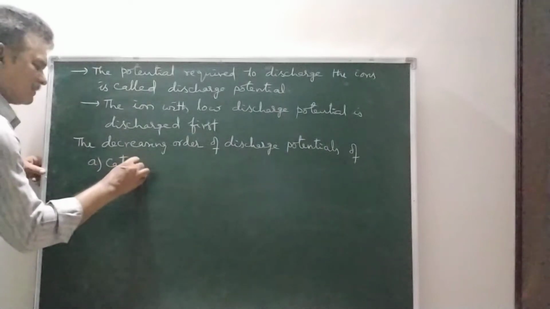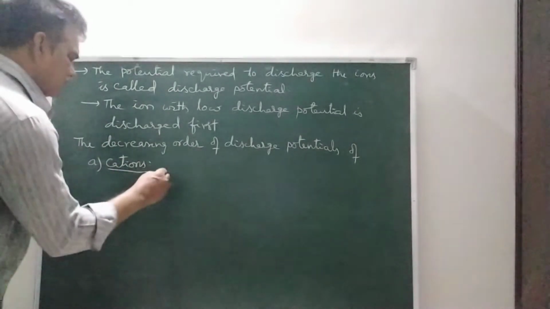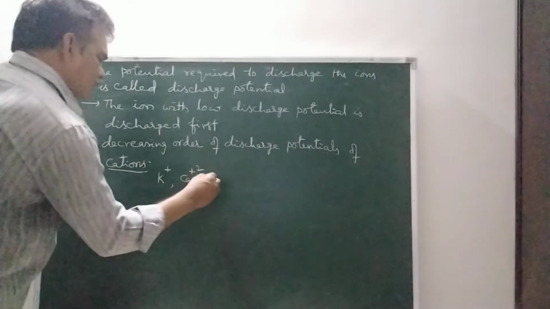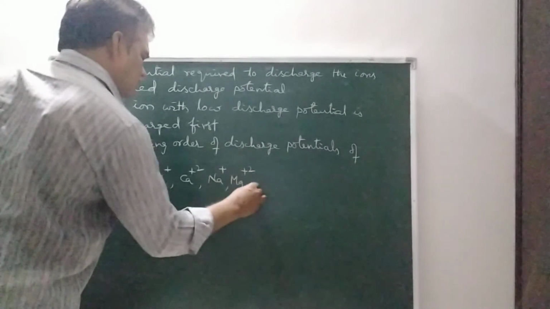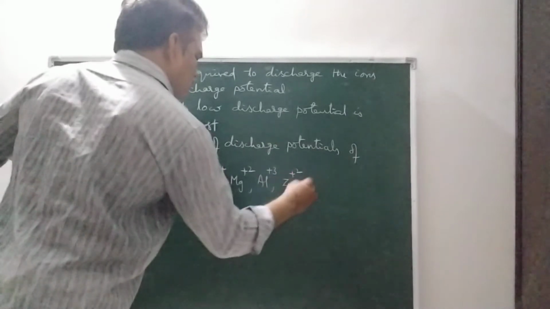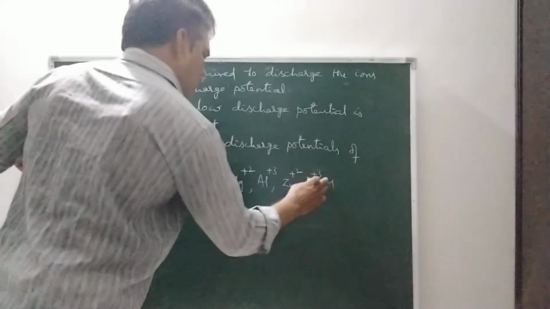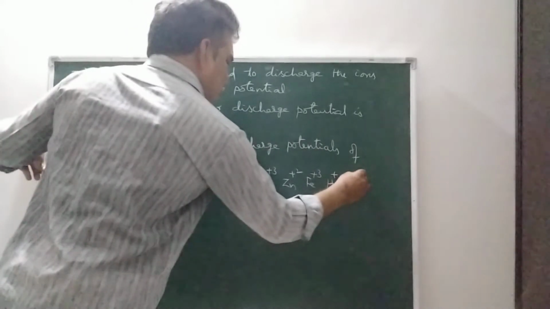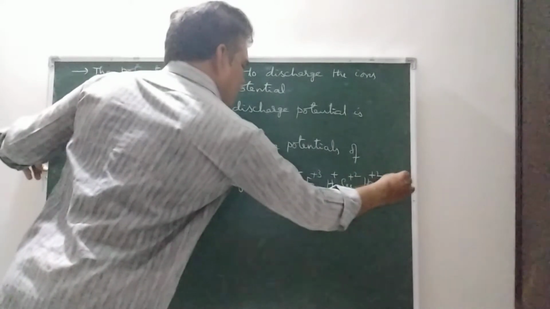Take the decreasing order of discharge potential of cations. Okay, so K+, Ca2+, Na+, Mg2+, Al3+, Zn2+, Fe3+, H+, Cu2+, Hg2+, Ag+.